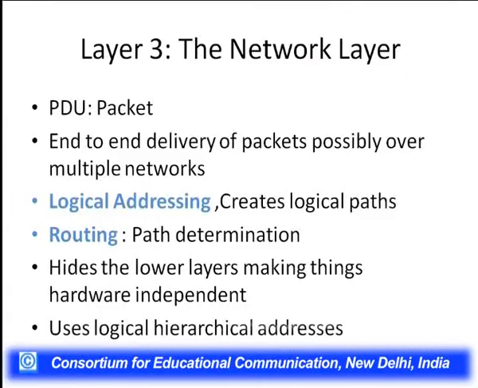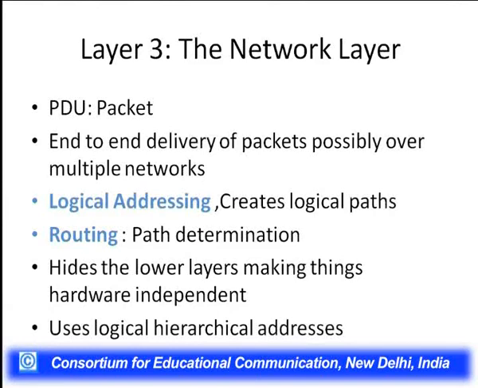Then one very important function of the network layer is routing. Now, what is routing? Basically, routing means shortest path determination. Routing is carried out by a specific device known as a router.